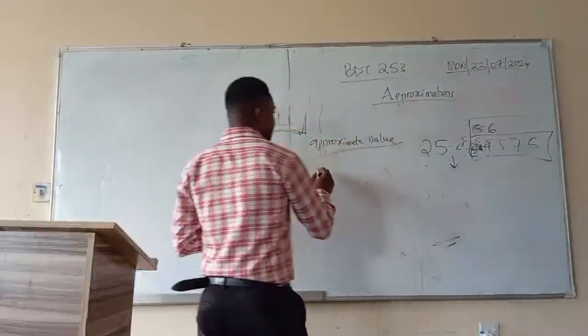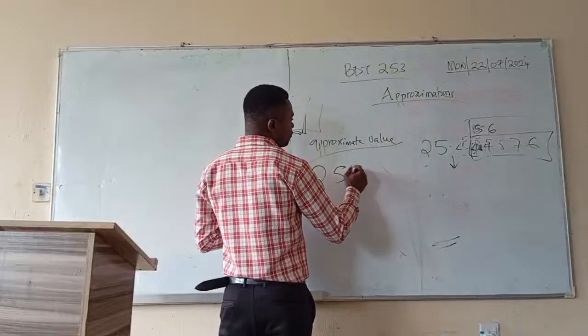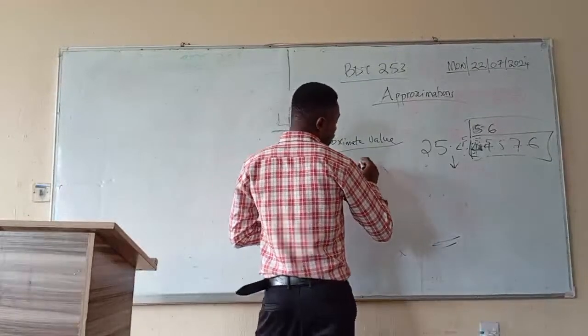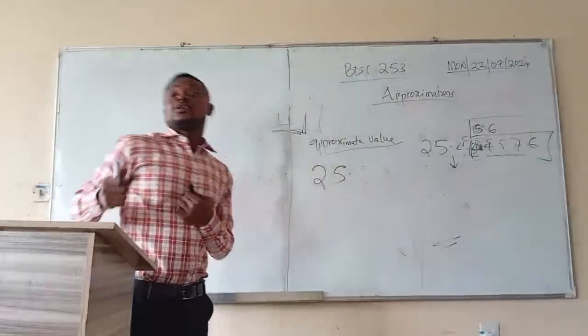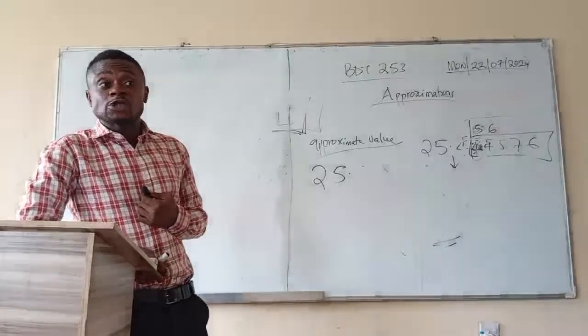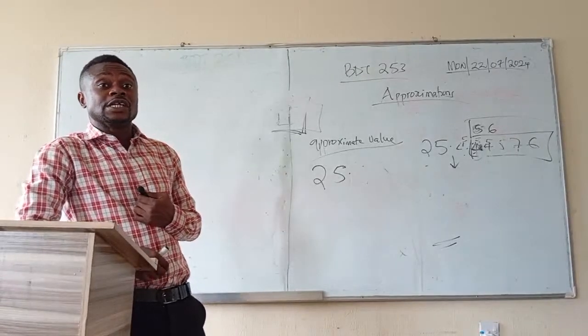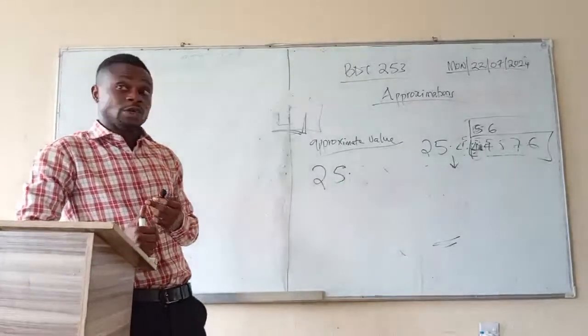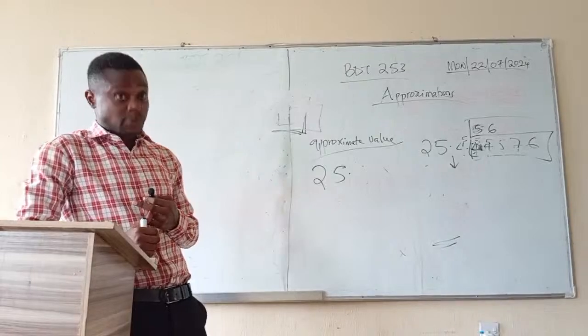So let's assume we have 25 point something. Remember, where you stop, the number you want to round to, is the type of approximation you want to do. Are we together?